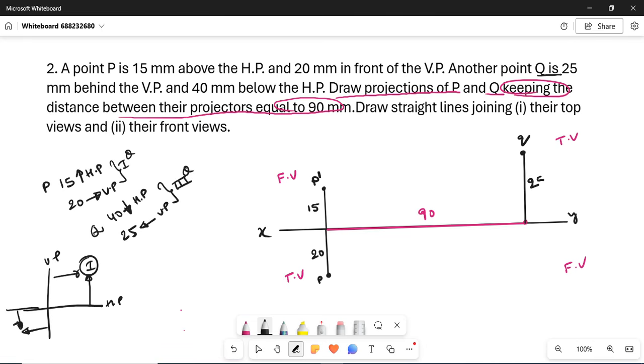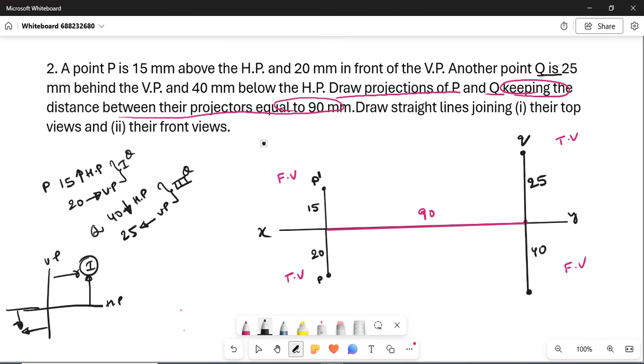VP distance is 25 for Q. Similarly, Q dash, which is the front view, will be below the XY line. For Q dash, the front view, we have to mark the HP distance. The distance will be 40.